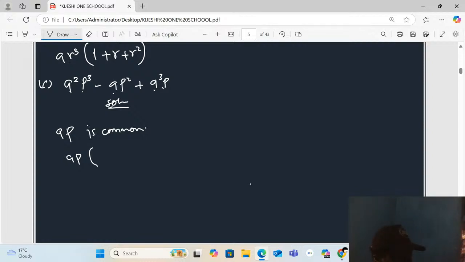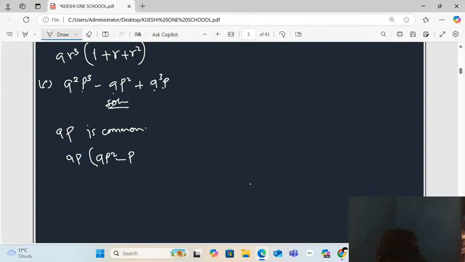So ap into a squared p cubed, we remain with a, then p squared. Minus ap into a p squared, we have no a, so we have minus p. 1p will remain.